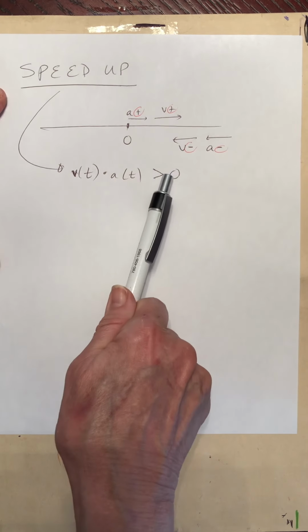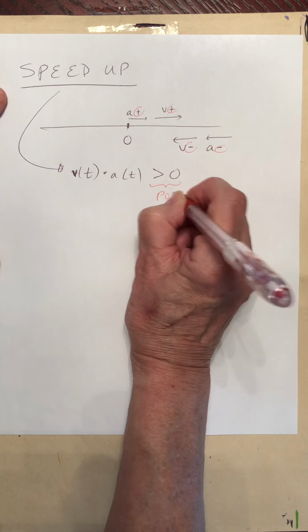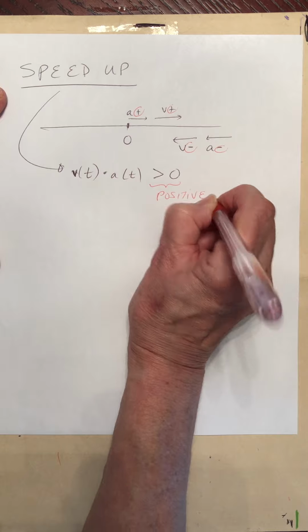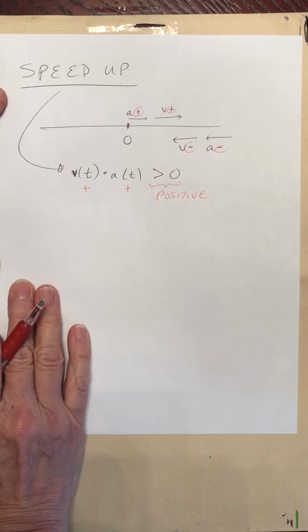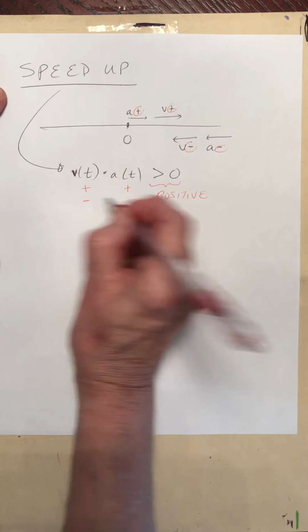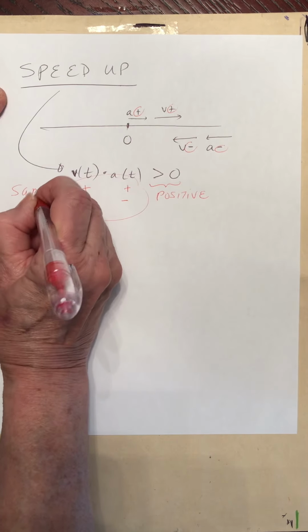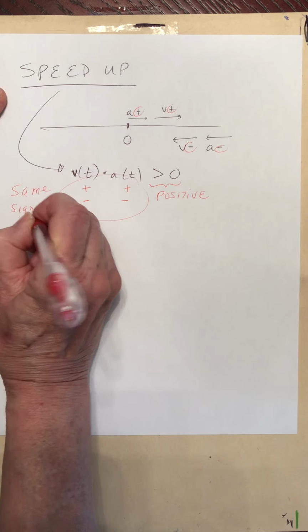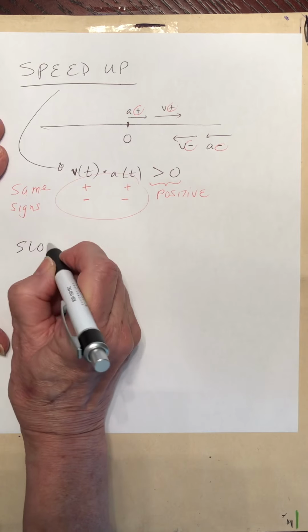Two positives would create a positive, two negatives would create a positive. So this is just a mathematical way, when we say greater than zero, of telling people positive. So this could be positive and this could be positive, I'm speeding up. This could be negative, this could be negative, I'm speeding up. So as long as they have the same signs, then I know I'm speeding up. How would you know when you are slowing down?